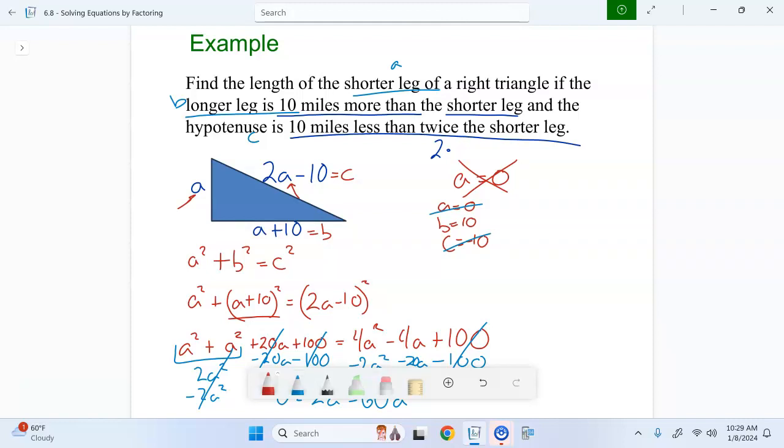So we know that one's not going to work. So a equals 30. Then a equals 30, b equals 40, and c equals 50. Yeah, that's going to work out for us. And so we know that a can be 30 miles.